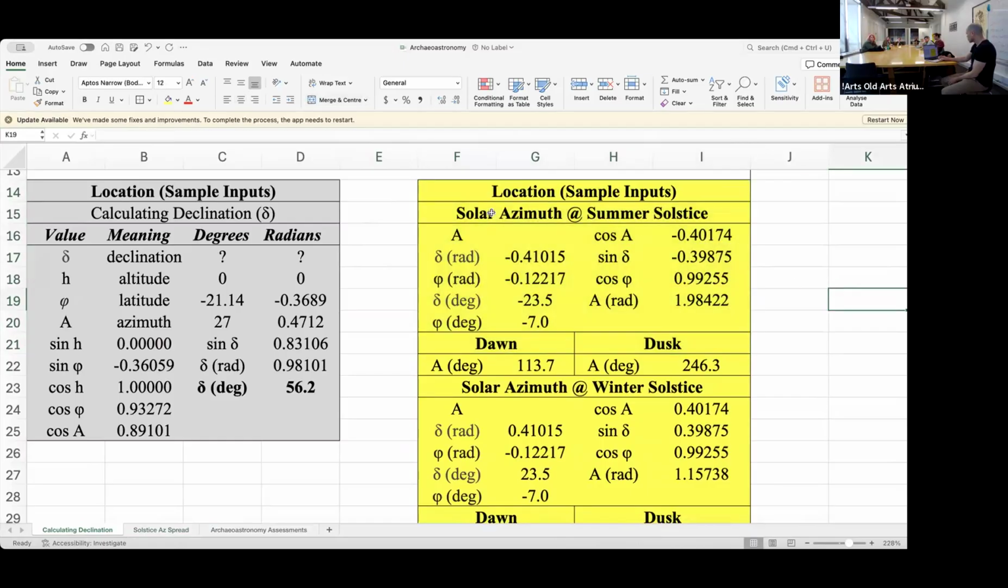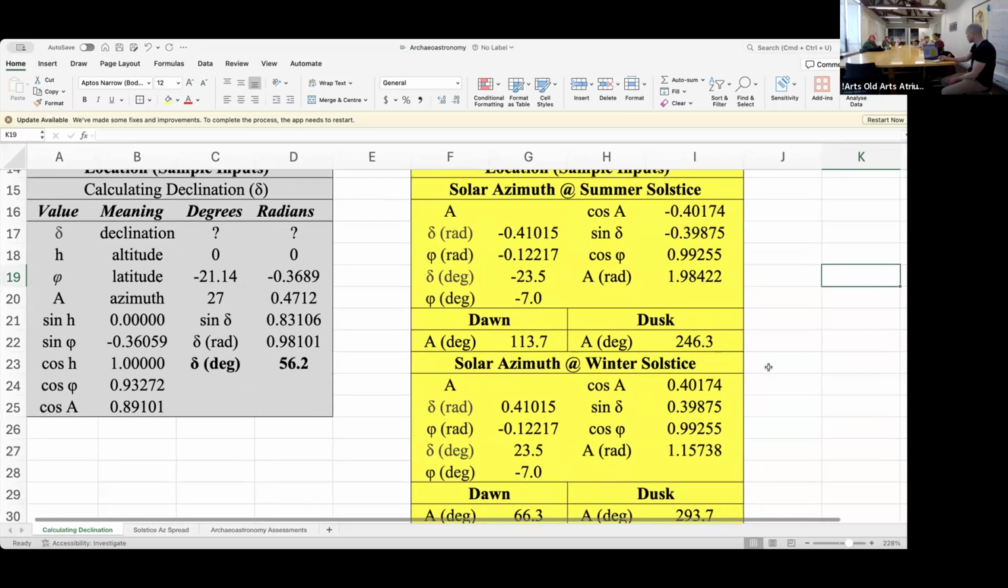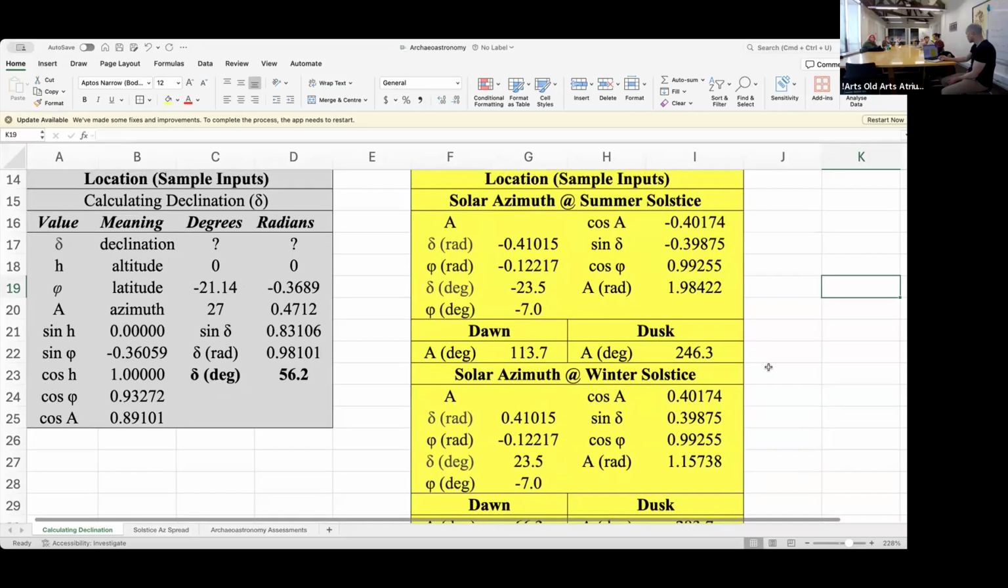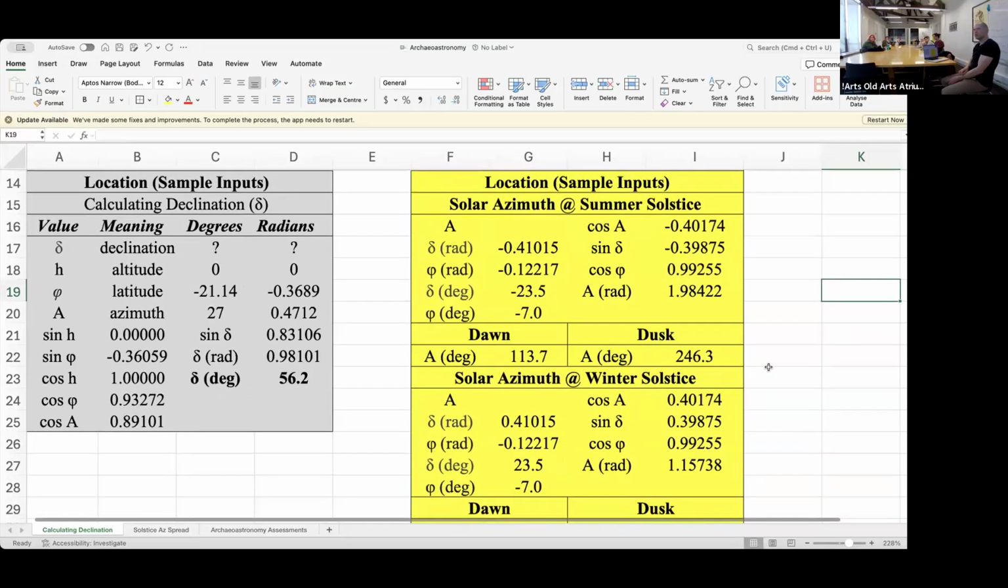We're looking at sunrise and sunset, summer solstice and winter solstice. Once everybody's created theirs on their spreadsheet exactly like this, we can keep going.